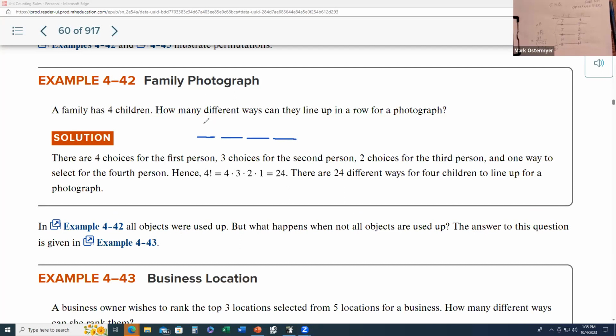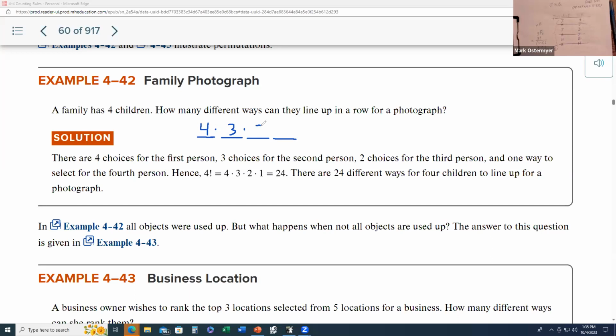How many ways can I populate the first spot in line? That would be 4 ways. There's 4 children to select from. But I keep one of the children out to occupy the first slot. So that leaves me with 3 children to occupy second place in line. But now I have 2 people held out of the 4.